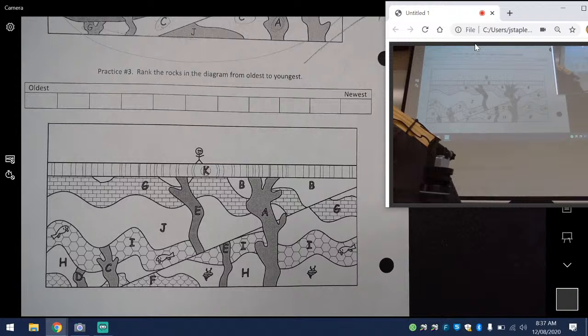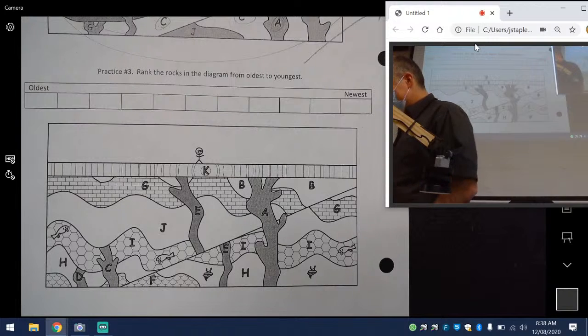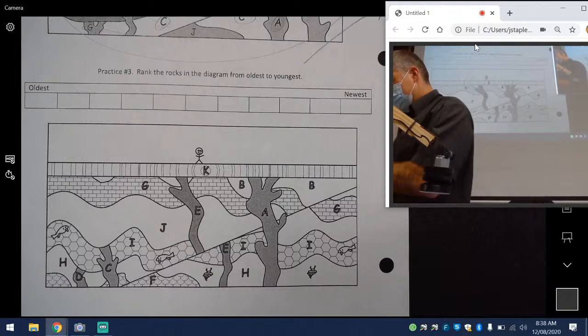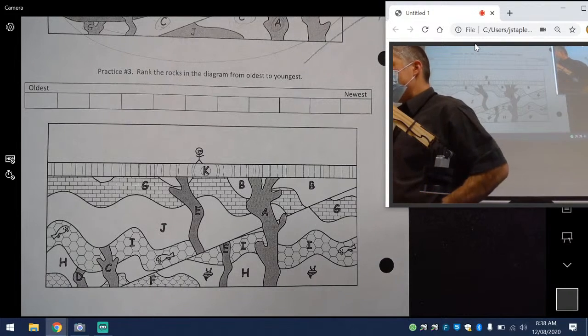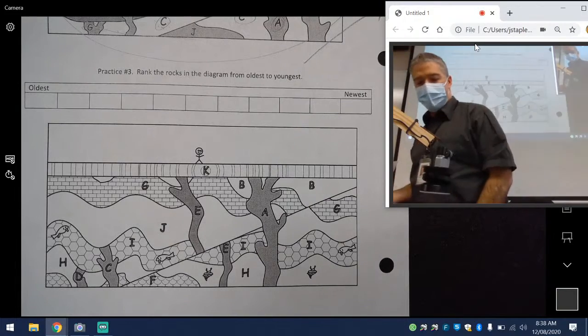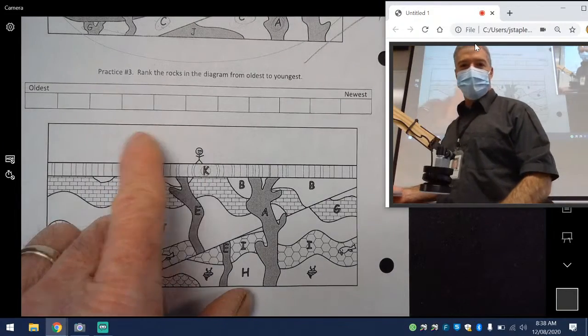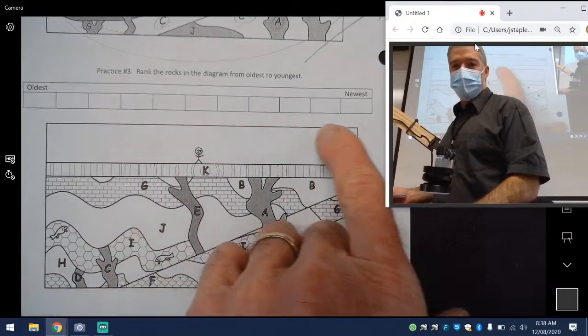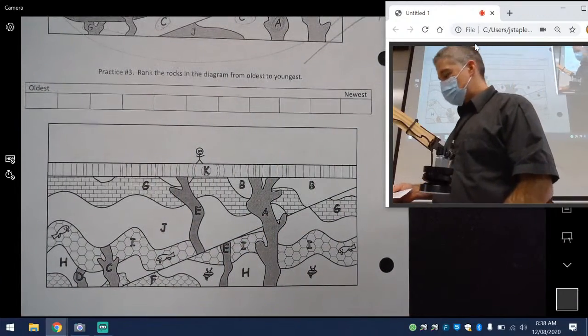E is out of place, and you're missing B, Elijah. And I don't know if I saw C. There should be 1, 2, 3, 4, 5, 6, 7, 8, 9, 10, 11 letters in there. Make sure you've got all 11. It's easier if you've got this because there's a blank for each of them.